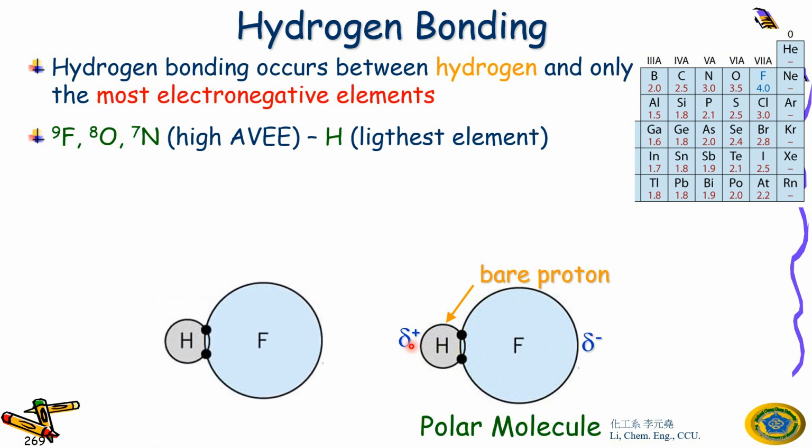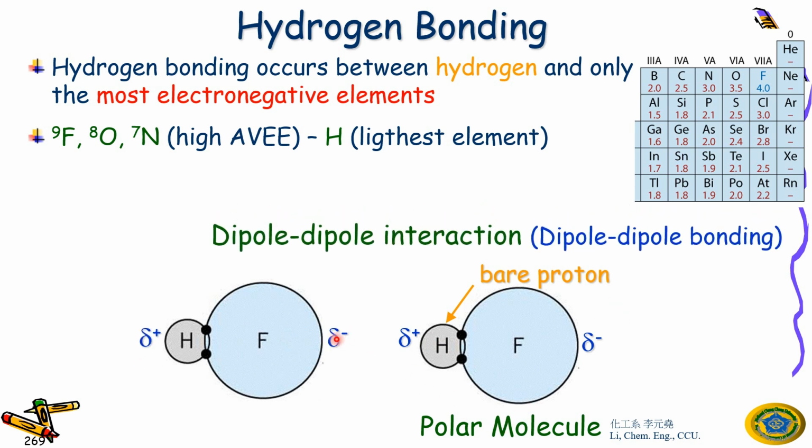So in this case, if there's another hydrogen fluoride surrounding this hydrogen fluoride, this one has a lot of electrons, and this one is a very strong negative charge here. So again, you might think, wow, Professor, this is a case of dipole-dipole interaction.